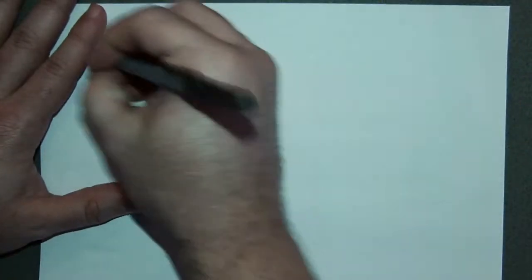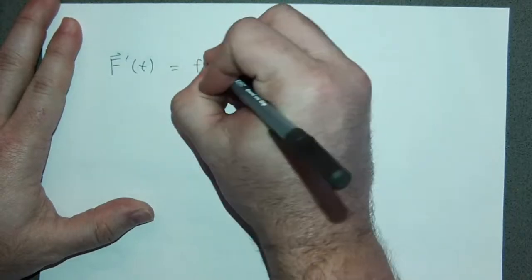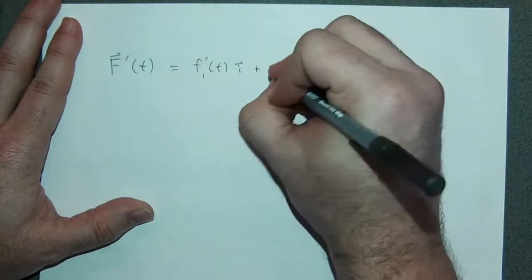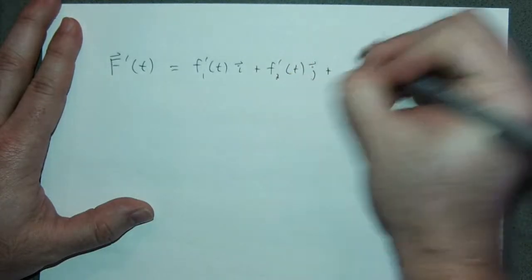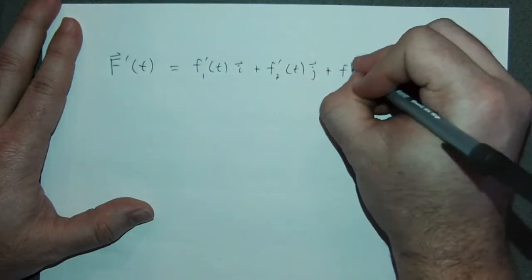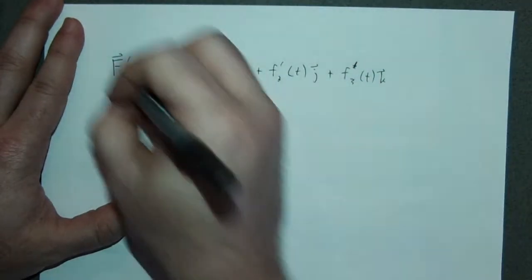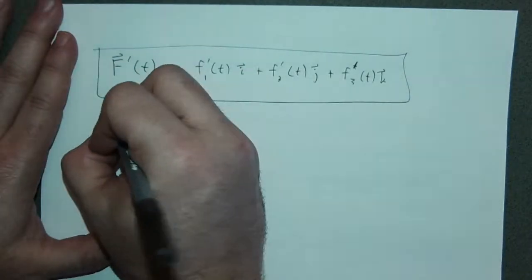For instance, let's take derivatives here. What is the derivative of a vector valued function? What do you think it's going to be? It's going to be the vector valued function I get when I take the derivative of each of the components. Oh, that's not where the 3 goes. What about the integral?